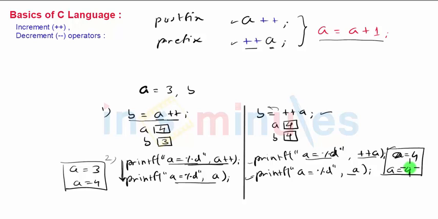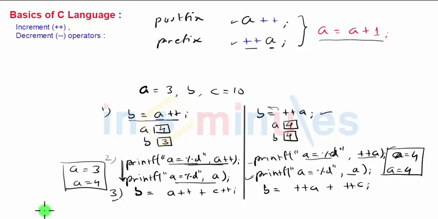Now let's see a bit more complex example on this. Here we again have two statements to see. Let's see this statement. Here the initial value of a is 3 and c is 10.